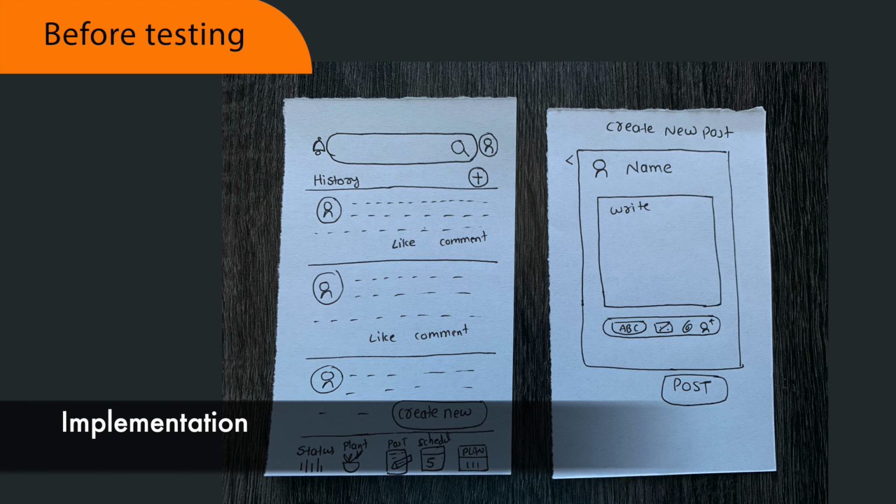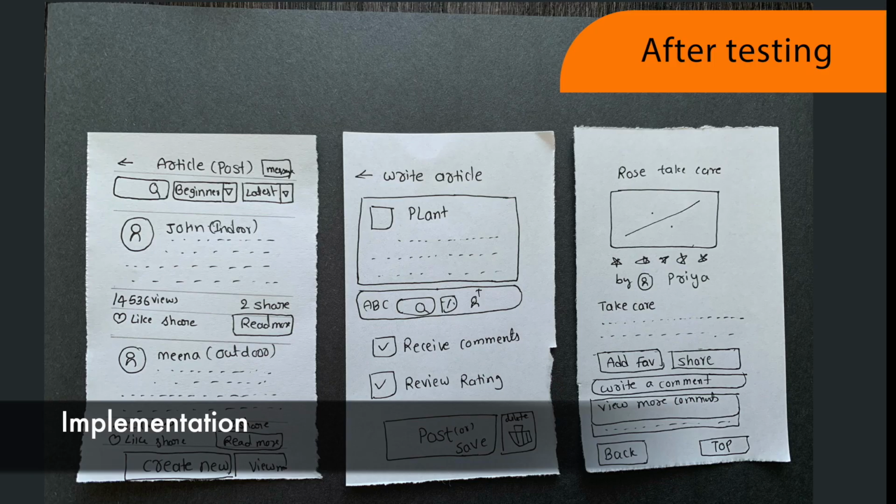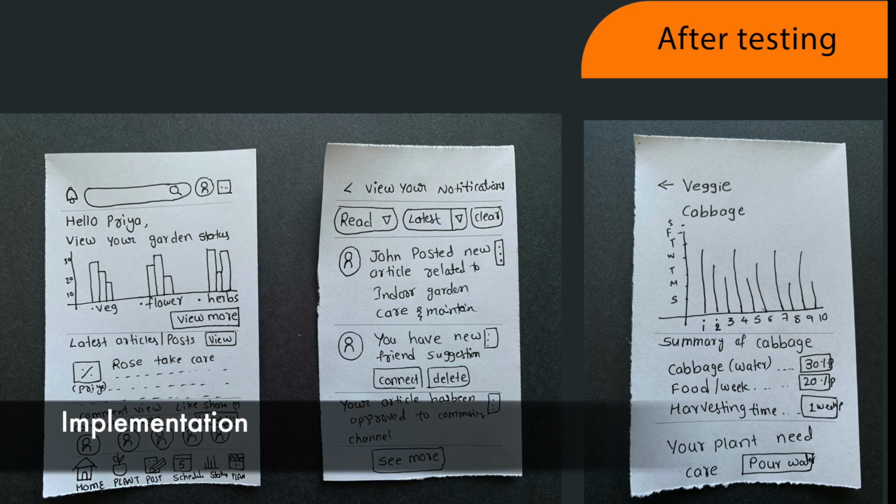So we reworked the screen and implemented them. Our implemented article screen has multiple options like view more articles and read full articles, and users can see rating, share, and like buttons on the article. Also, the user has more options related to the write an article page, like selecting review or rating options related to the article, as well as the ability to save, post, or delete the article.